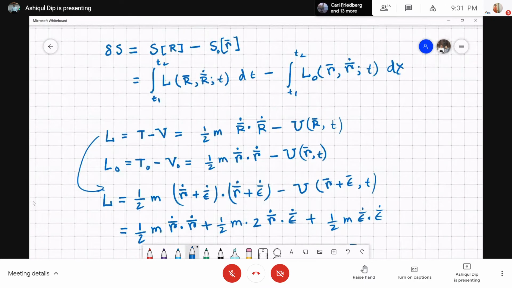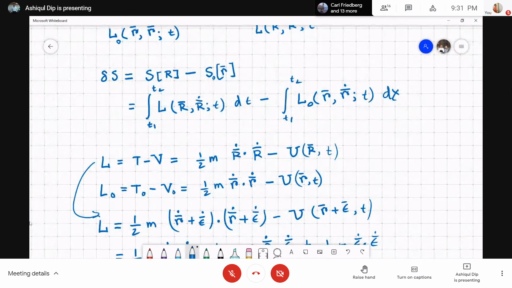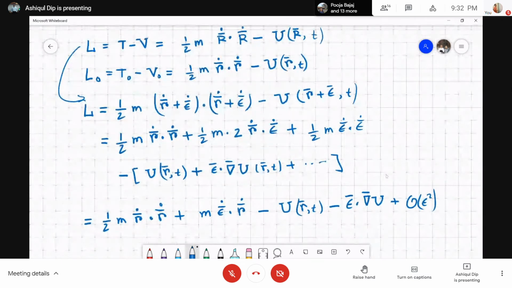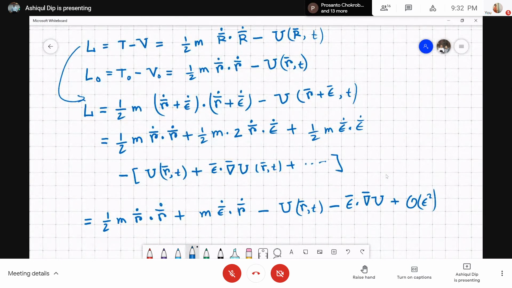So from this line, we could see one more thing as well. We could write these two terms like the variation of S. Oh, well, epsilon is infinitesimal, but epsilon dot would be... Yeah, that's a very good question. So epsilon dot could be anything. It could be non-infinitesimal, right? It could be something big.